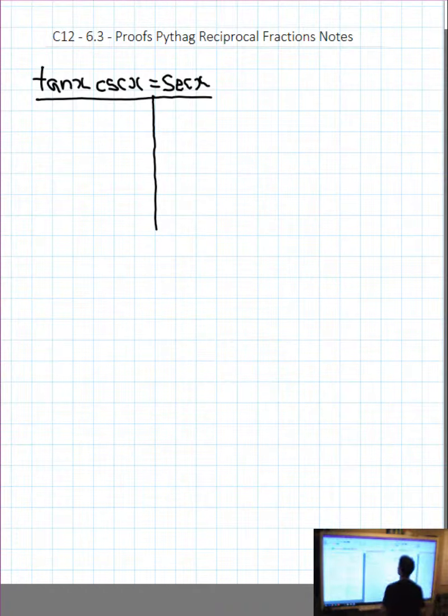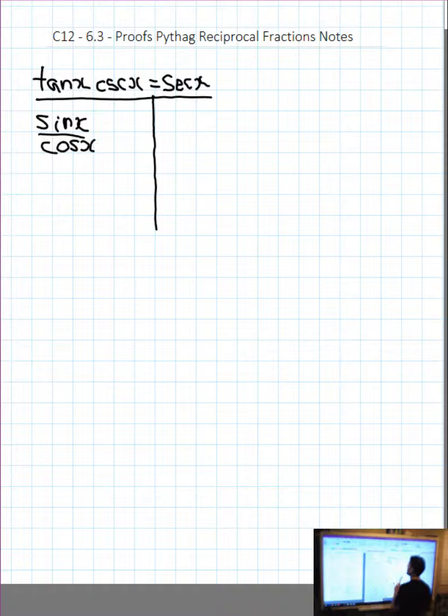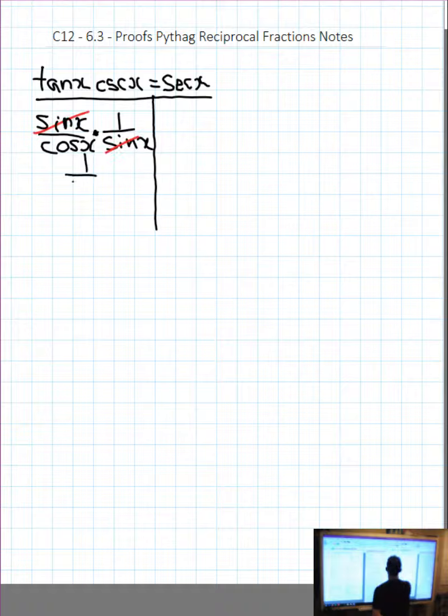So tan x is sine x over cosine x, and cosecant is times 1 over sine x. And in red pen, I have a sine on the top and a sine on the bottom, so this simplifies to be 1 over cos x.